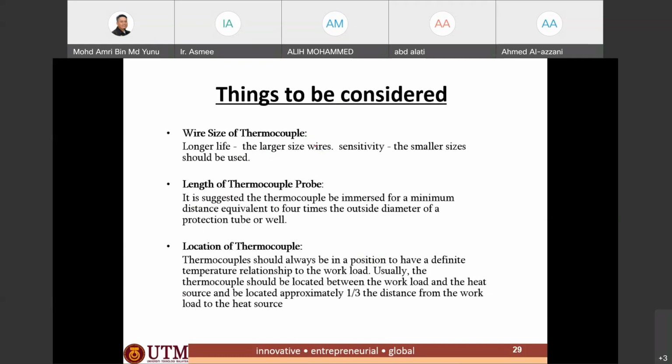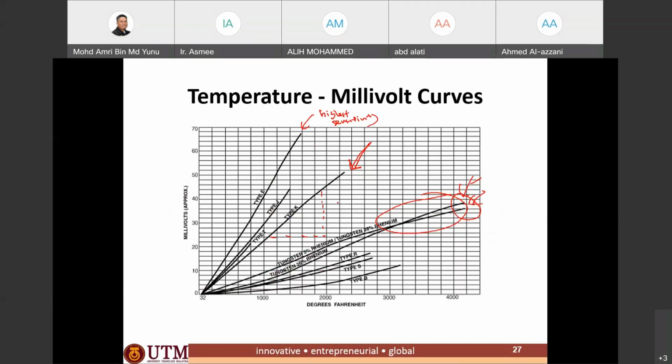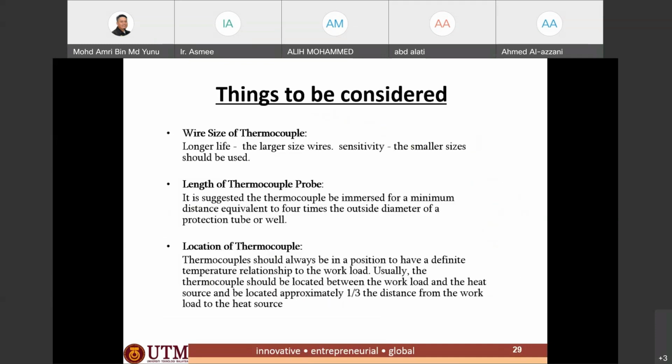Sensitivity is based on the material combination, but the size may also have an effect on the overall sensitivity. So you need to be careful if you want the thermocouple to have a large lifetime, but the sensitivity may be a bit reduced.